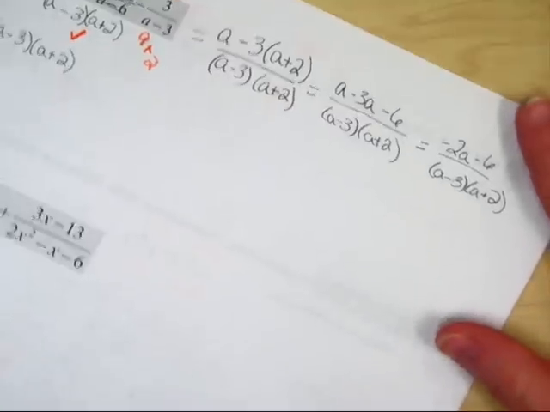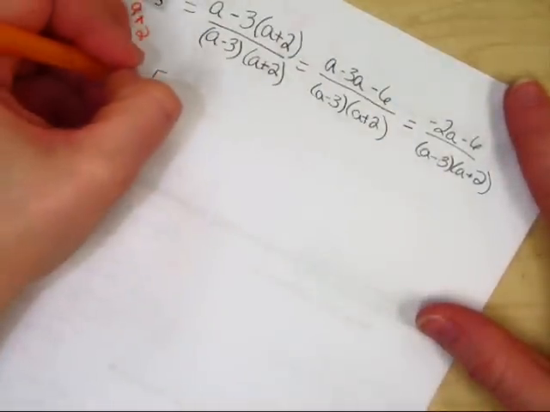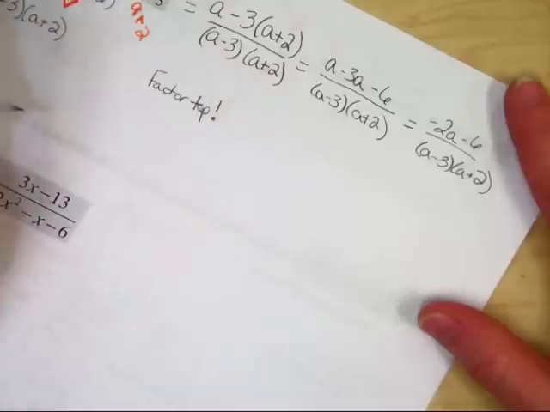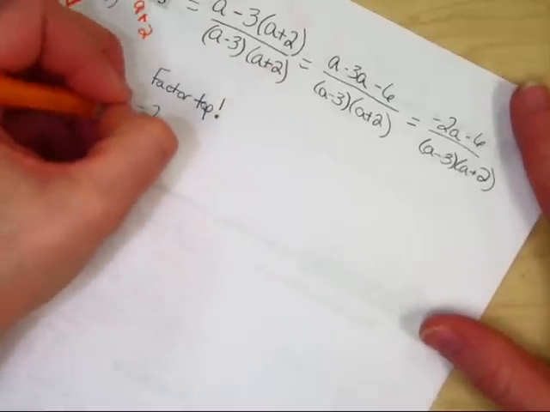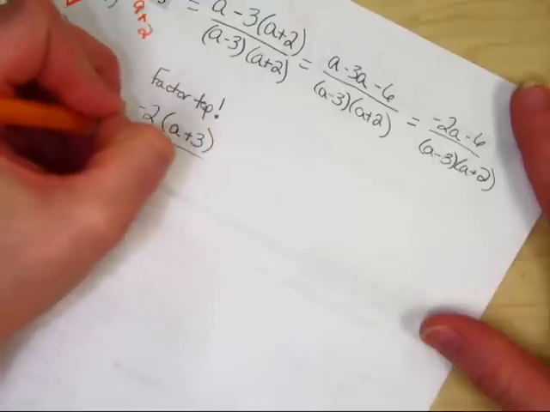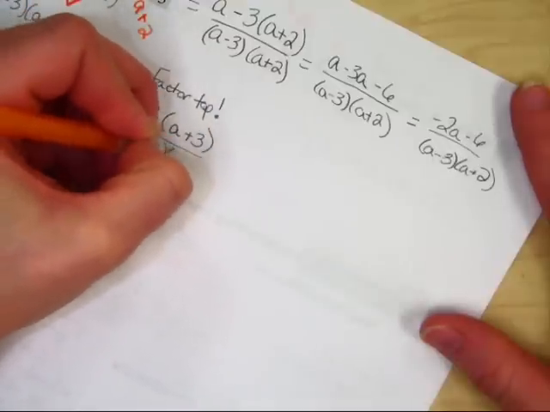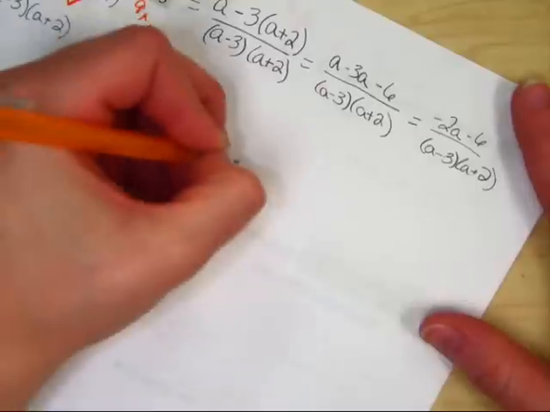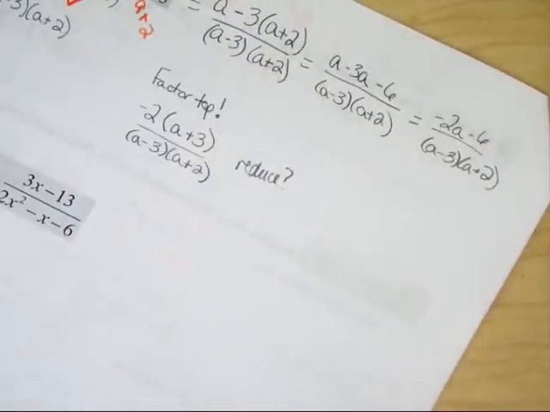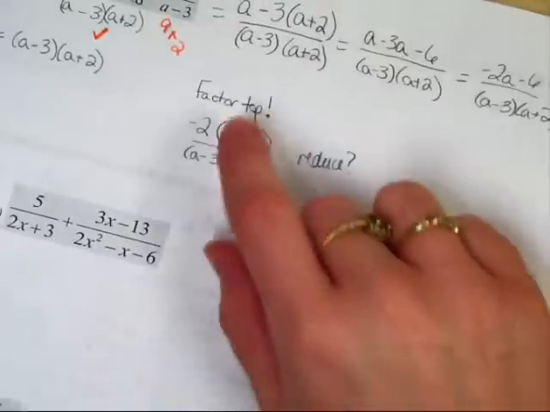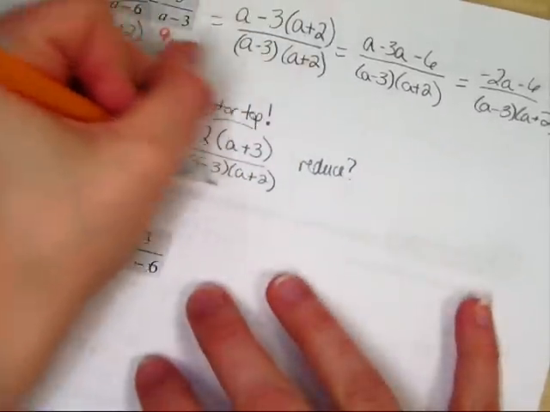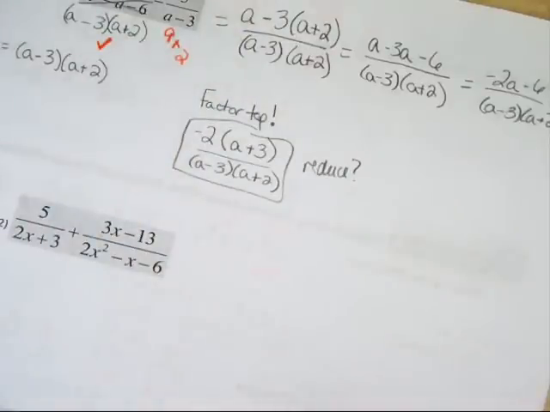On the top, I can factor out a GCF. You ready? I'm going to pull out a negative 2, and that's going to leave me with a plus 3. Now the question becomes, can I reduce it all? Since I pulled out the negative 2, can I reduce? Well, I came really close, didn't I, to being able to reduce with the a minus 3. But I can't, so my final answer is as it stands.